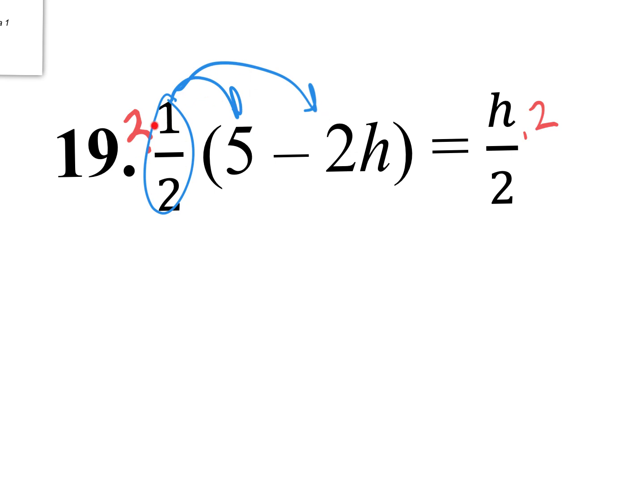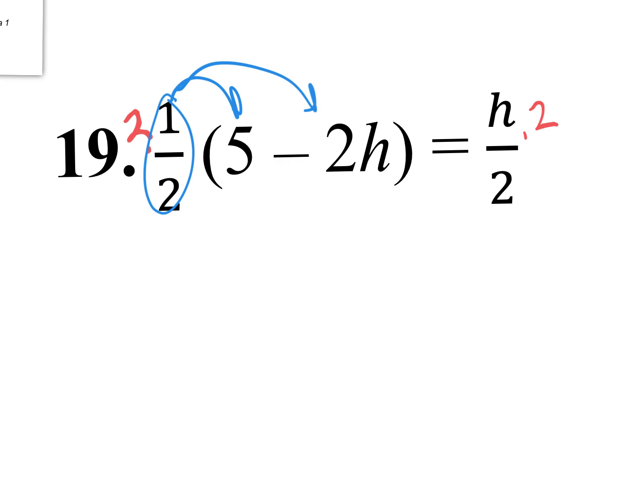So whatever I do to this outside guy is going to get distributed to the 5 and to the negative 2h. It would be incorrect for me to put a times 2 here and a times 2 there. So don't do that. Just by putting a times 2 here and a times 2 over there, it truly is multiplying everything by that LCD of 2, okay?